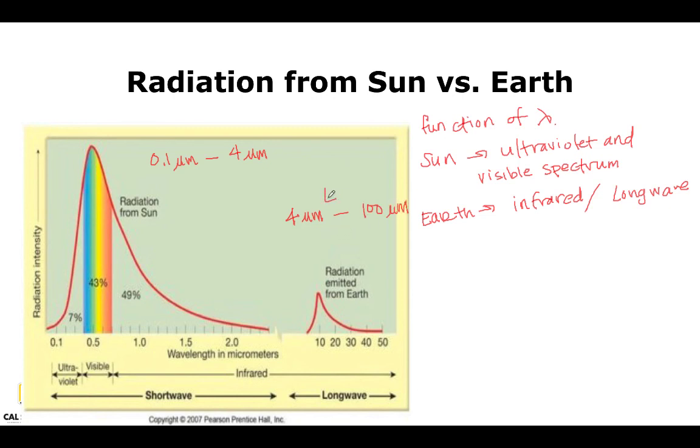So this is the Earth range, and this is the solar range. What we would like to do is identify these two as very important and very different spectrums, so we're breaking this up and looking at the radiation from the sun and the radiation from the Earth.